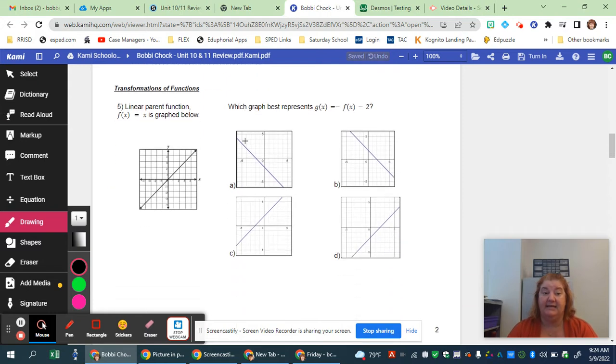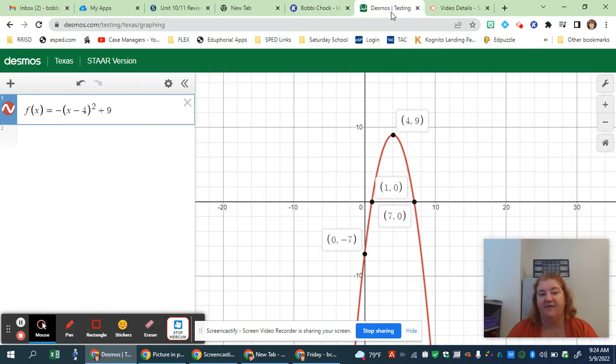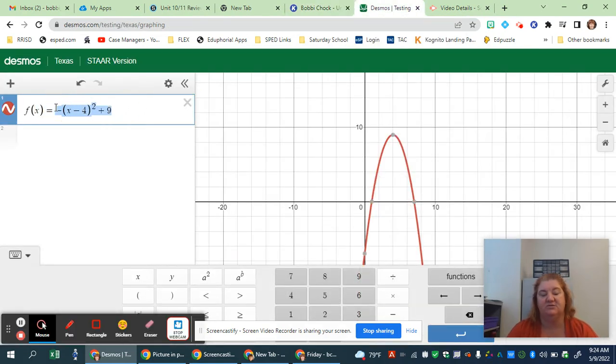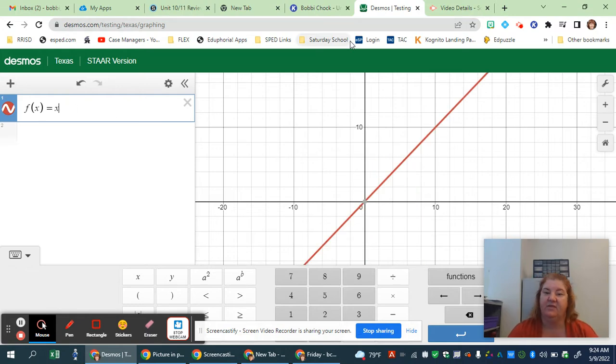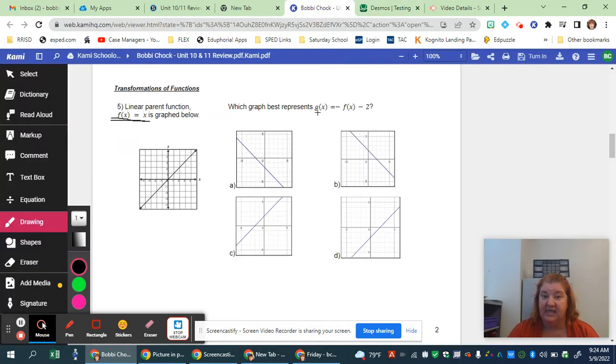Okay, guys, as long as you define what the parent is here, you can just put this in just like this. So f of x equals x. There's my parent function. Now that I've identified the parent function, I'm going to put this in as negative f of x, because I defined what this is right above it.